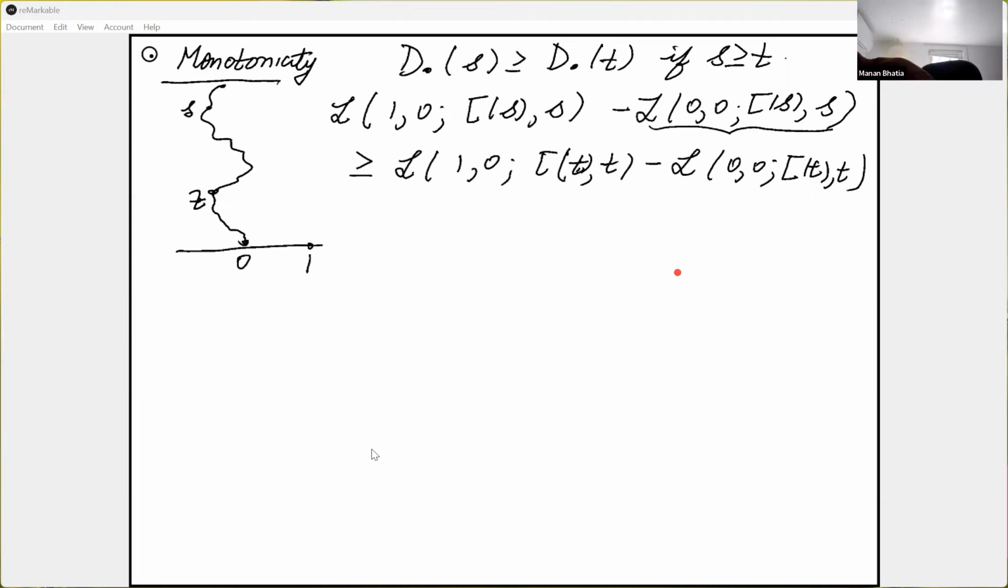So if you send it to the right hand side, what you will get is L gamma T, comma T to gamma S, S, because that thing is a geodesic, and now you just need to show this.